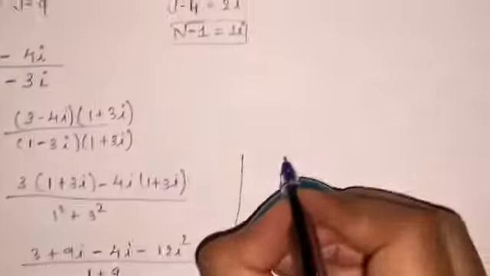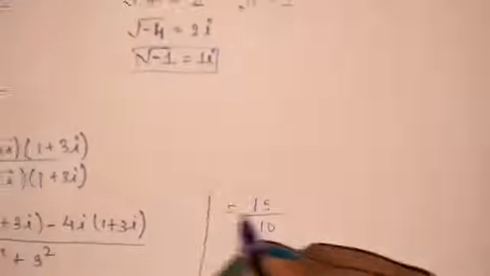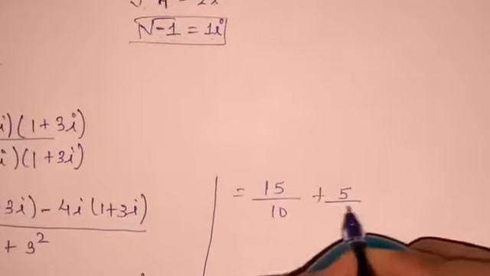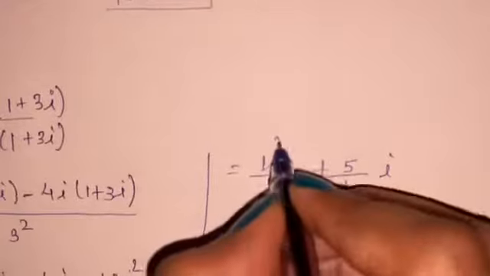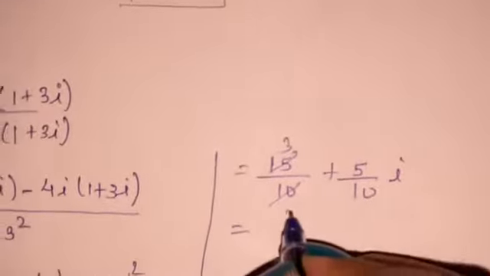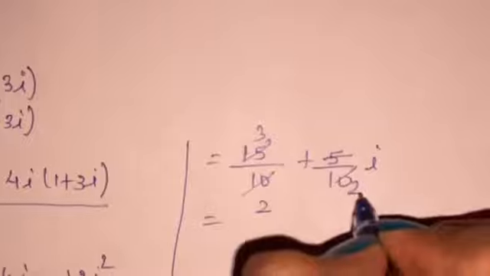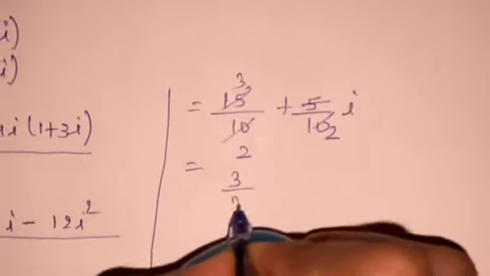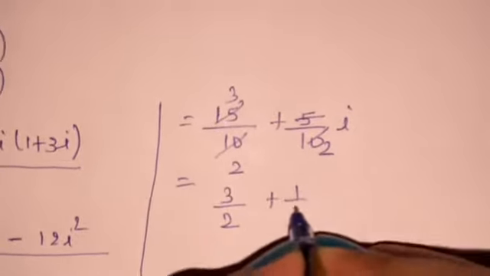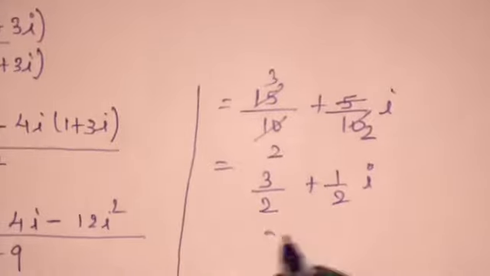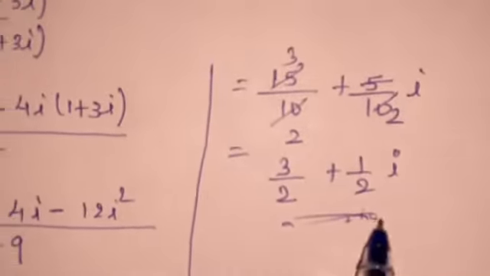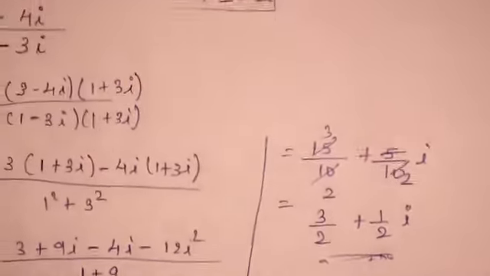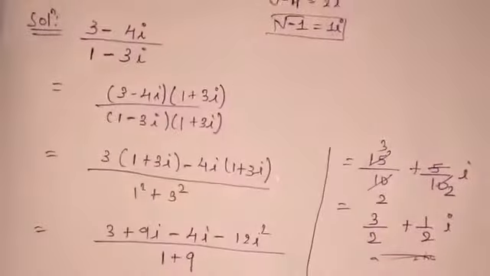Okay, now 15 by 10 plus 5 by 10 i is equal to, now 3 5s are and 2 5s are, so you will get 3 by 2 plus 1 by 2 i. So this is the a plus ib form. Clear? a plus ib. Now next question.